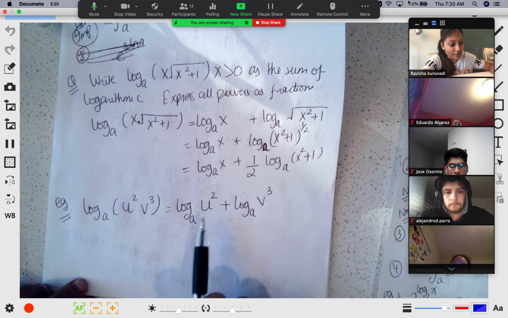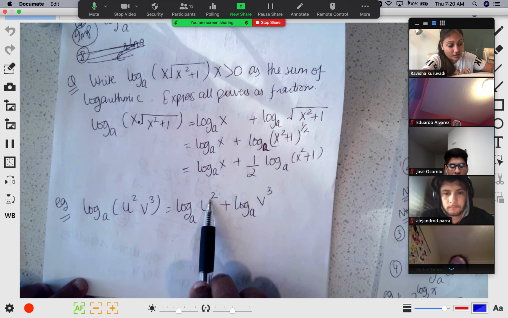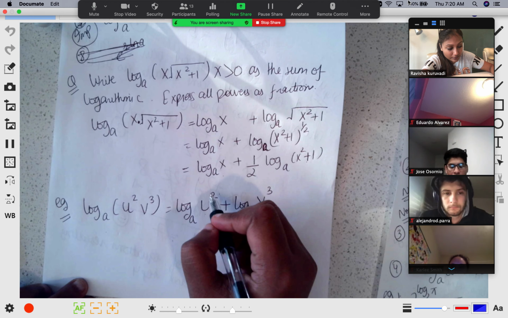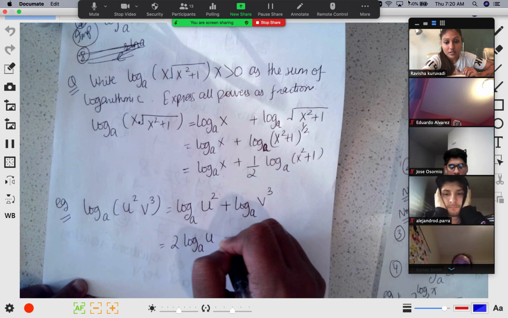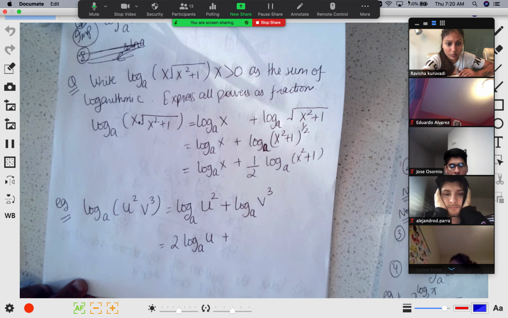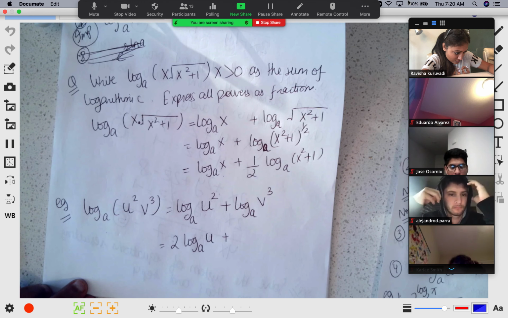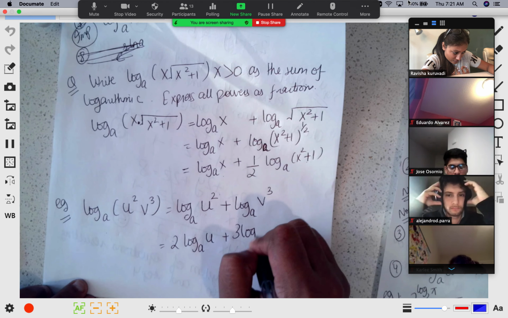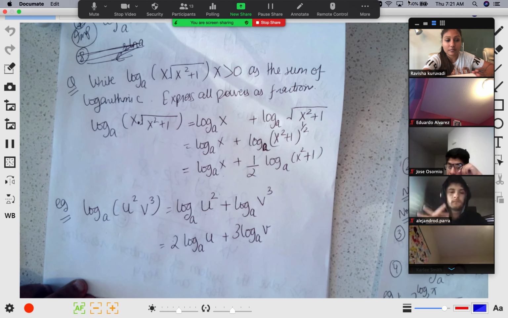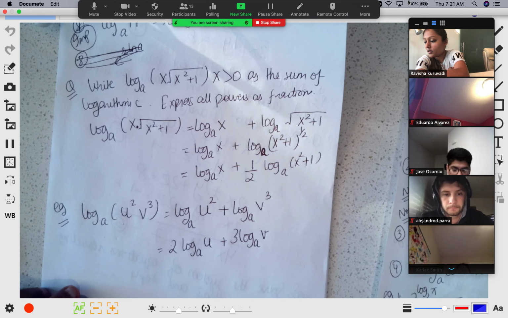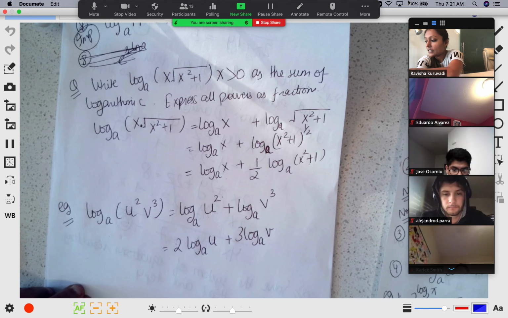Whenever you have a power, the log will pick it up and throw it in front. And you will be left with the rest of the stuff here. What about the second one? Can you tell me what will be here? 3 log a of v. Perfect. And you cannot expand any further. So that's it. Okay, good. Any questions, anyone?